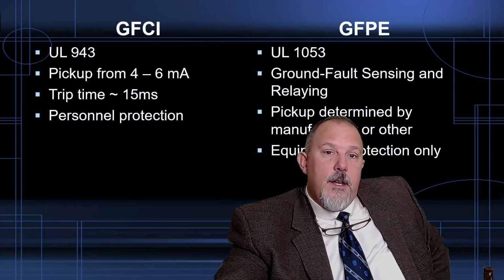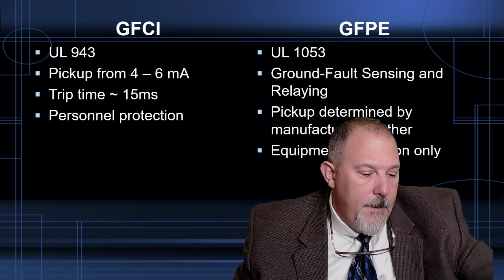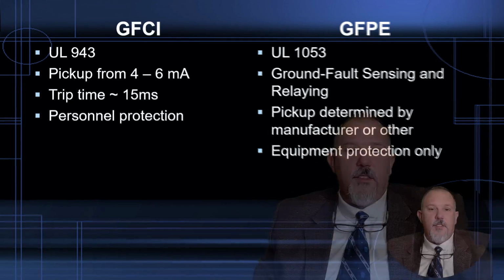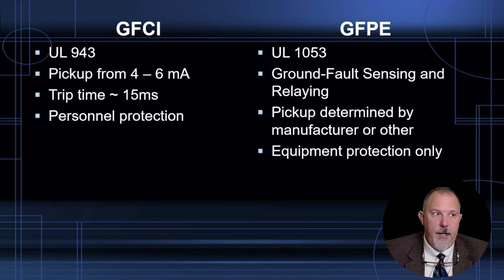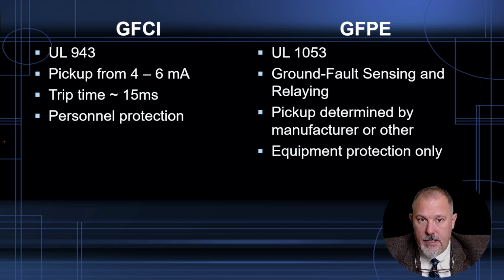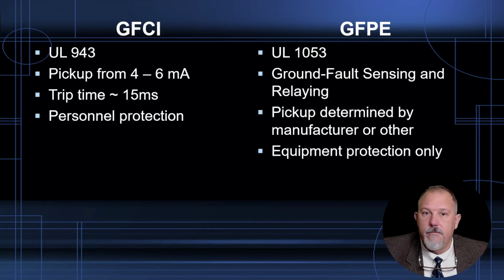Now, this is your UL 943 and your 1053. So UL 943 is what a GFCI receptacle is listed to. UL 1053 is what a ground fault protection of equipment device is listed to.